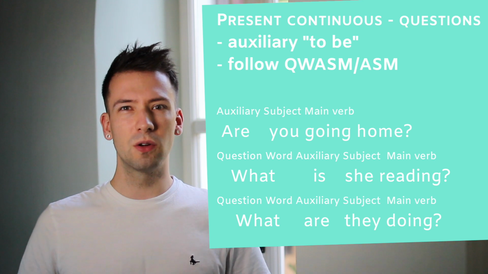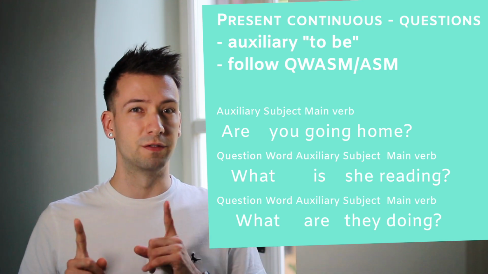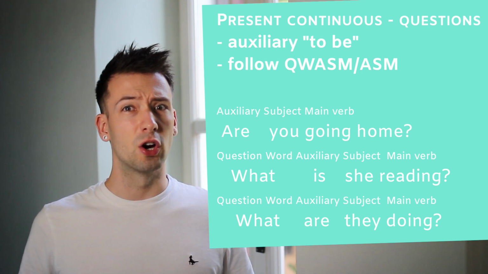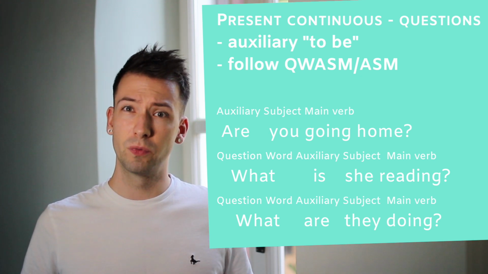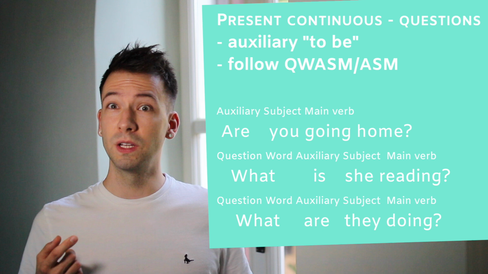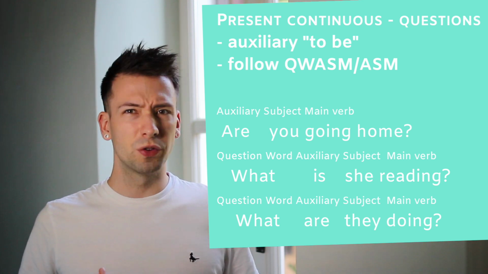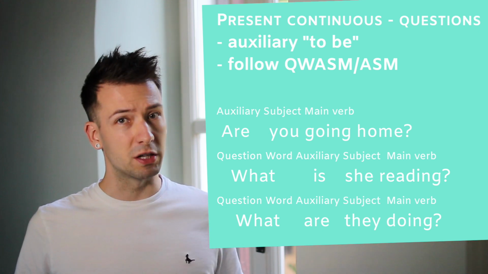To make questions in present continuous, we follow the quasm-asm rule and we swap the subject with the verb to be. Boom! For example, are you going home? Auxiliary, subject, main verb. What is she reading? Again, question word, auxiliary, subject, main verb. What are they doing? Question word, auxiliary, subject, main verb.